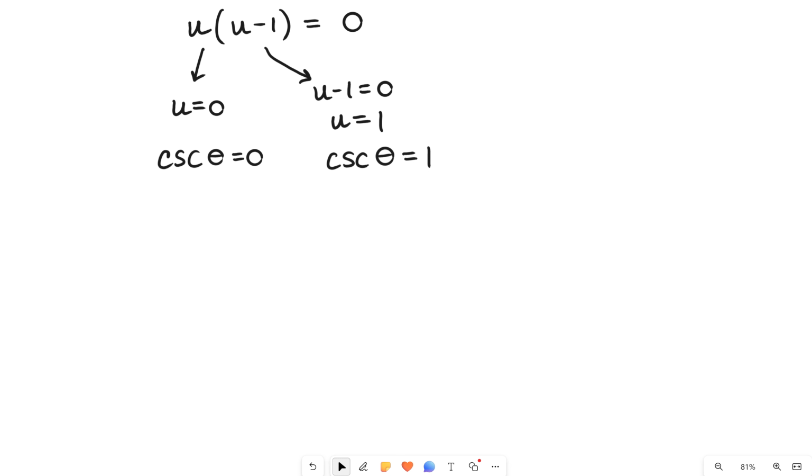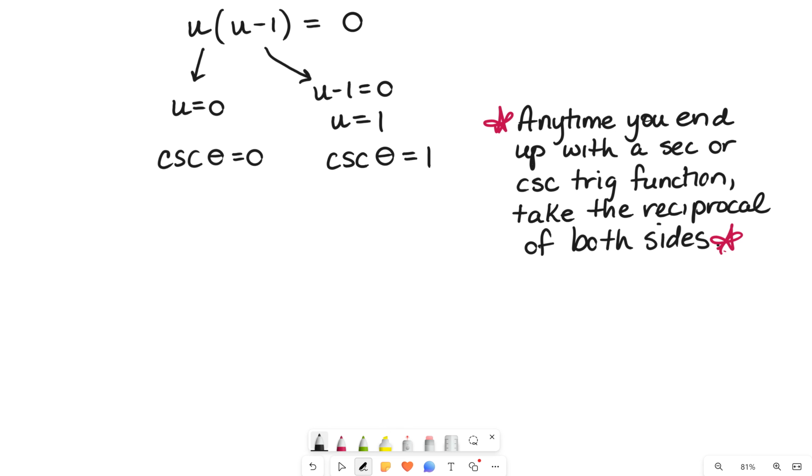Now here's the thing, okay? I want you to always remember the following. Any time you end up with a secant or a cosecant trig function, I want you to take the reciprocal of both sides before going to your unit circle. So here's what I mean by that.